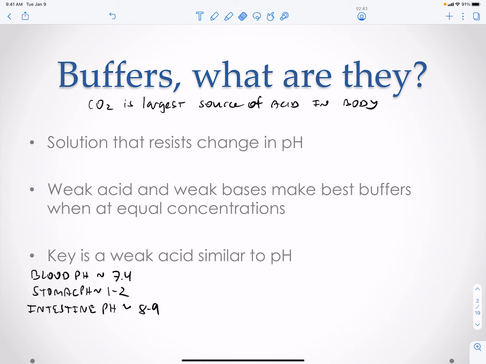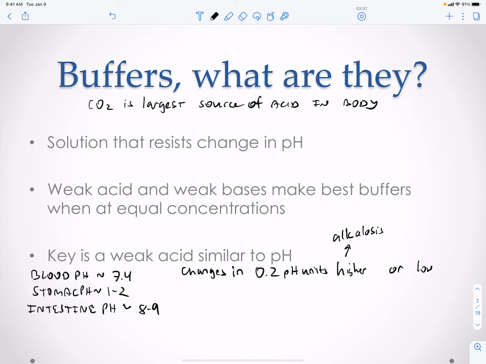And so changes in 0.2 pH units higher, you're leading into alkalosis, or lower, and you're going more to acidosis.